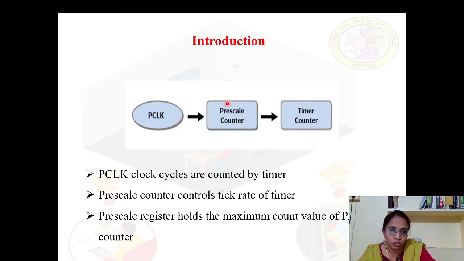So the prescale counter is used for reducing the frequency of the peripheral clock. This is called a scaling operation, and that will reduce the incrementing rate of the timer counter. This is how the timer module of the LPC2148 will work.